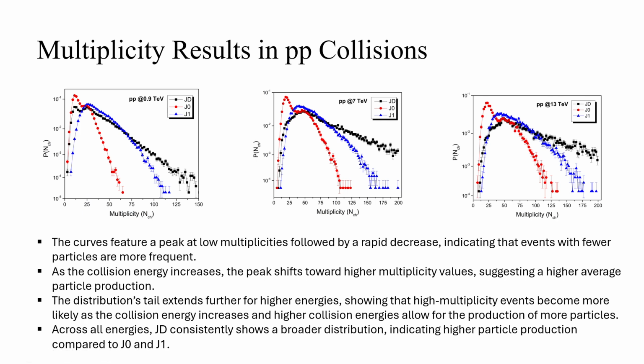So the first result we conclude is that at lower multiplicity, events with fewer particles are more frequent, and events with higher multiplicity are not so frequent.